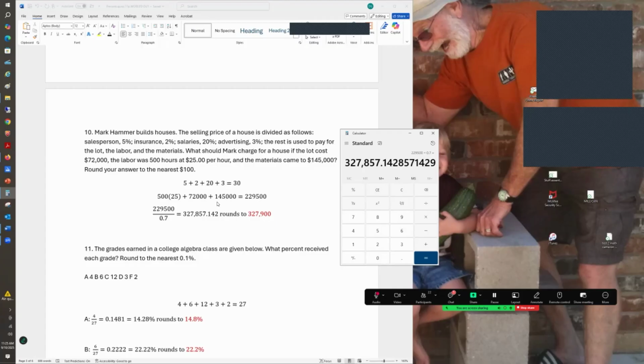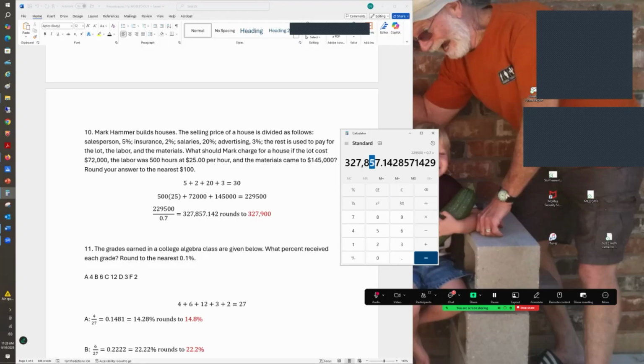Why did I round it? Because always, always, always go back and read the problem to see if it has any information about rounding. Round your answer to the nearest $100. Well, find the decimal point, and the one to the left of that is units. To the left of that is tens, and to the left of that is hundreds. So it's either 800 or 900.